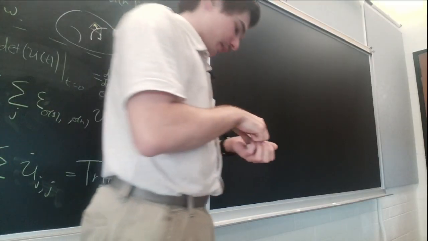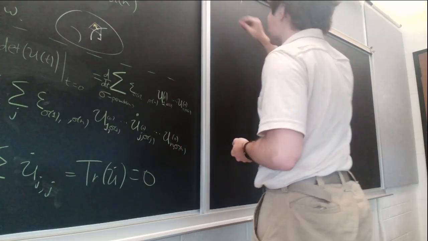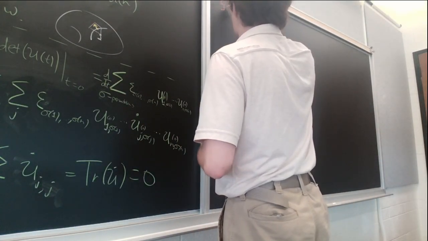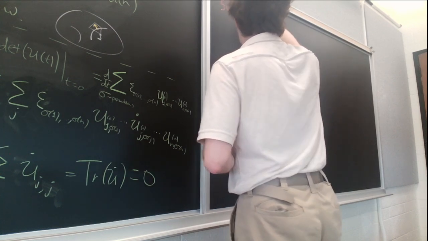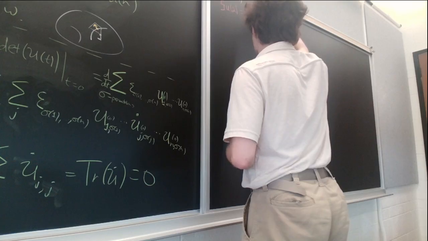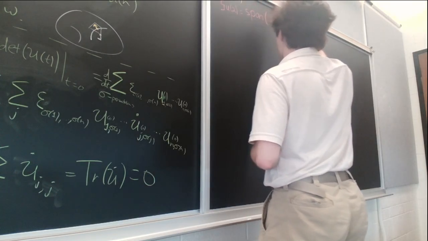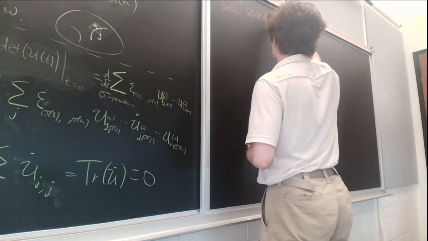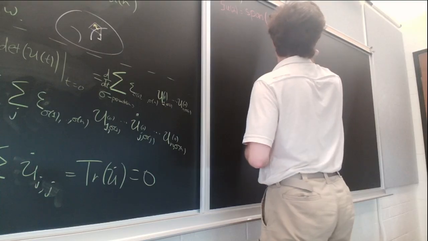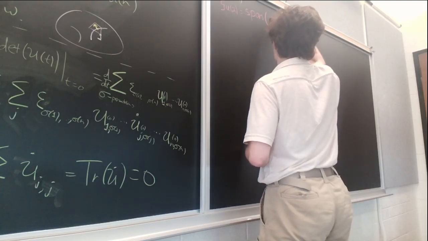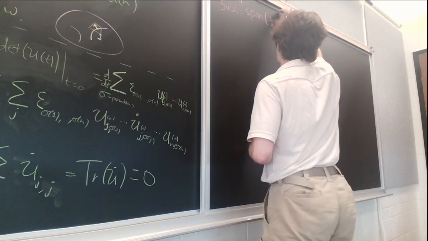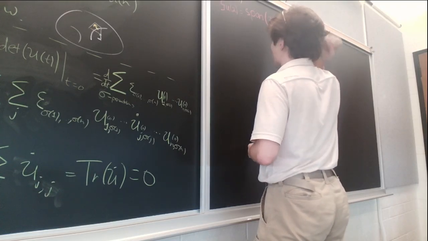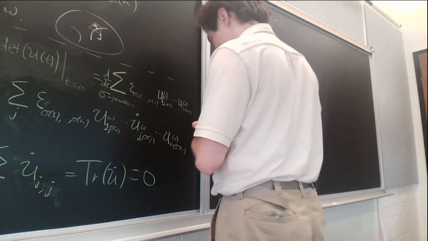So in fact, this means, specifically in the case of SU2, that this is just the span of the Pauli matrices multiplied by i, sigma i. Where the Pauli matrices are what?